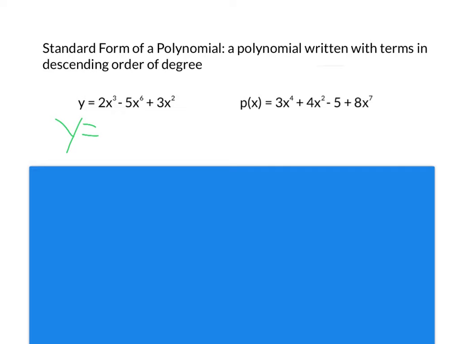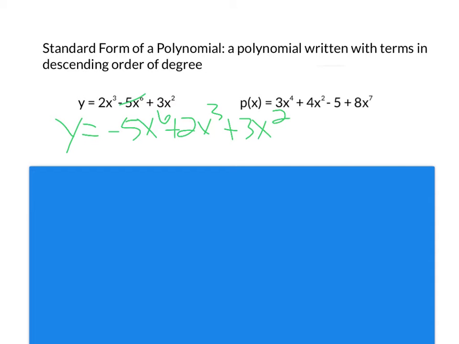So it'd be y equals negative 5x to the sixth. Looking at our remaining two terms, we have a degree of 3 and 2. We would write the term with the degree of 3 first because we're going in descending order. So it'd be plus 2x to the third plus 3x squared.